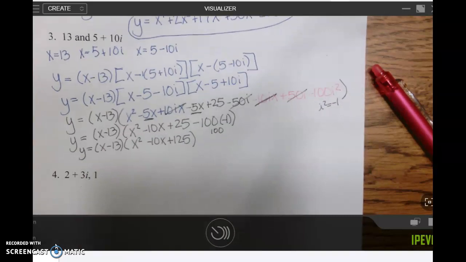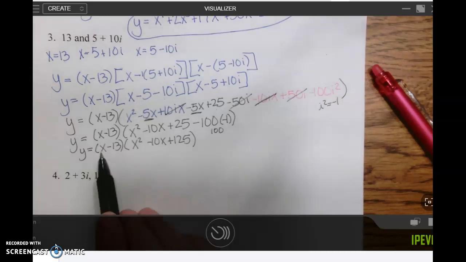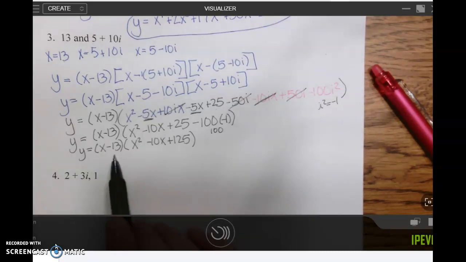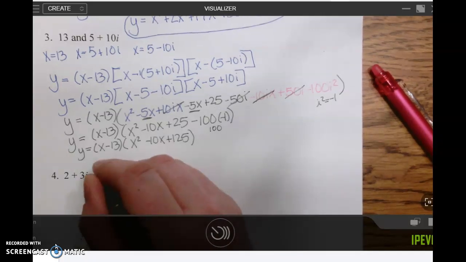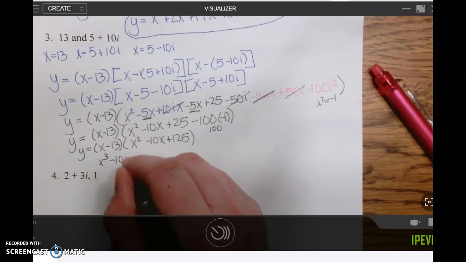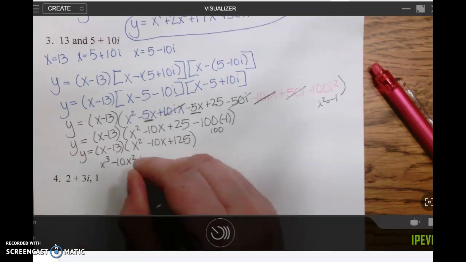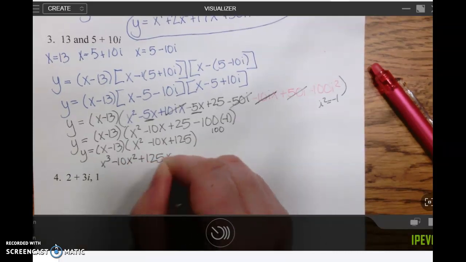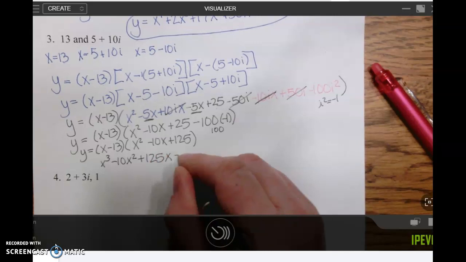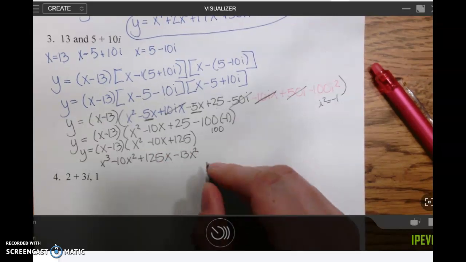Alright, so we need to multiply one more time. This is tedious. We have x times all three and negative 13 times all three, and then we are done. So x times x squared gives you x cubed. X times a negative 10x is a negative 10x squared. X times 125 is 125x. And now on to the negative 13, we have negative 13 times x squared, which is negative 13x squared.